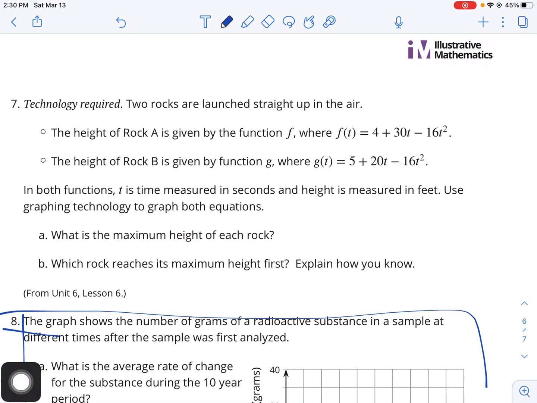The height of rock A is given by the function f, and the height of rock B is given by the function g. So we want to go ahead and graph each of those on Desmos. So let's go do that now.